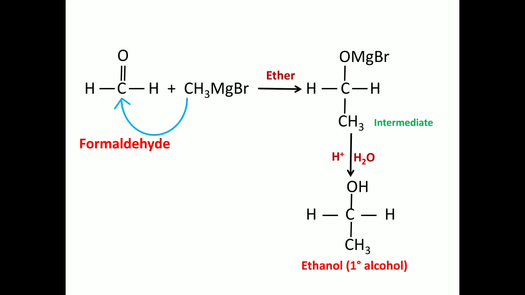Then the remaining MgBr attacks the oxygen atom and forms an intermediate. This intermediate undergoes hydrolysis, that is addition of a water molecule in acidic medium, and we get an alcohol, CH3CH2OH. The name of the alcohol is ethanol, and this is a primary alcohol. So when Grignard reagent reacts with formaldehyde followed by hydrolysis, it produces a primary alcohol.